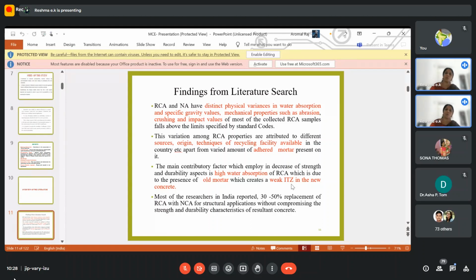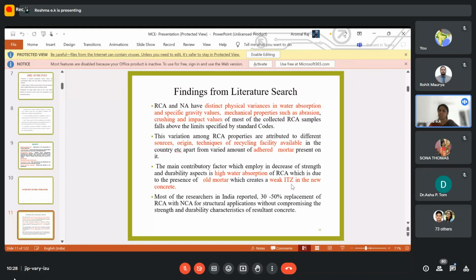I think most of you will know what ITZ is. It is the interfacial transition zone. When we are talking about normal concrete, we discuss ITZ a lot because it is a weak point.